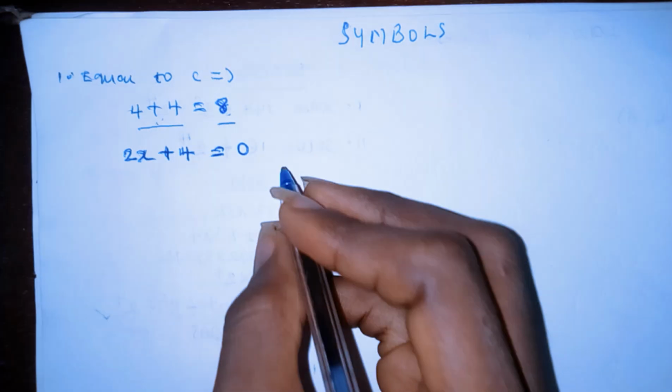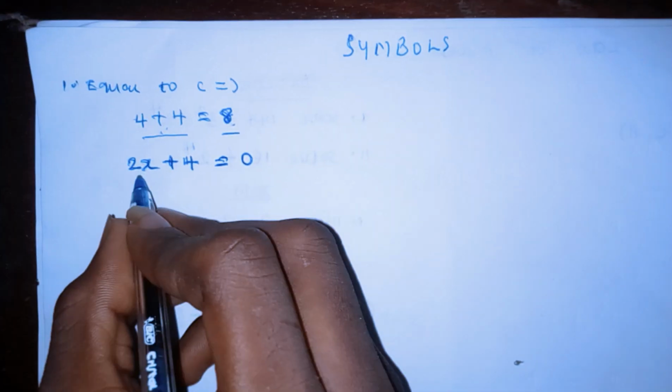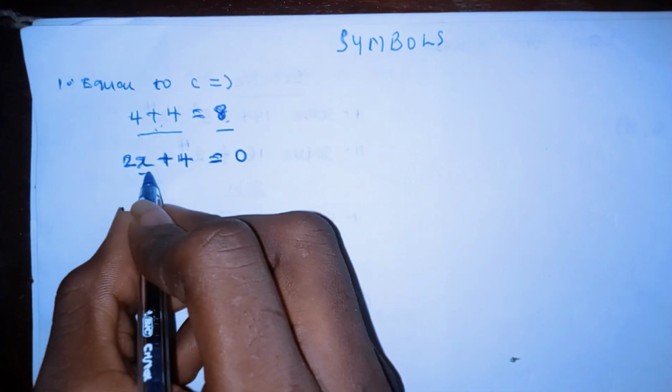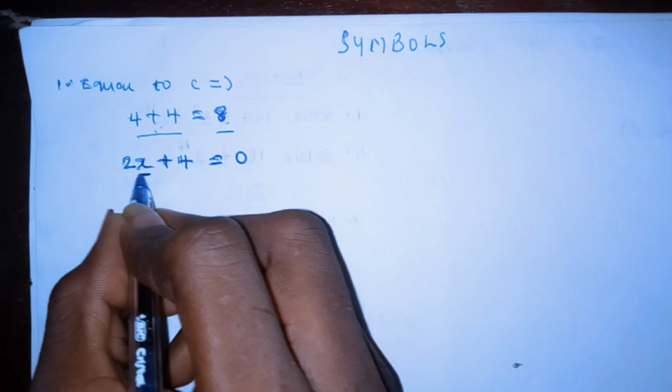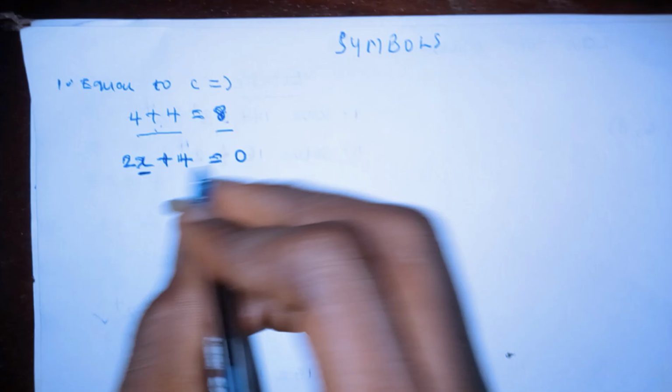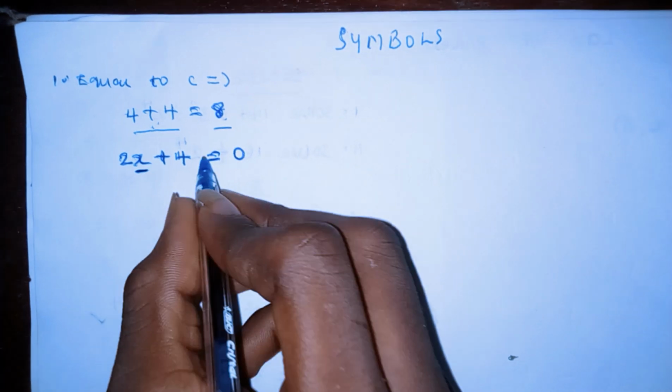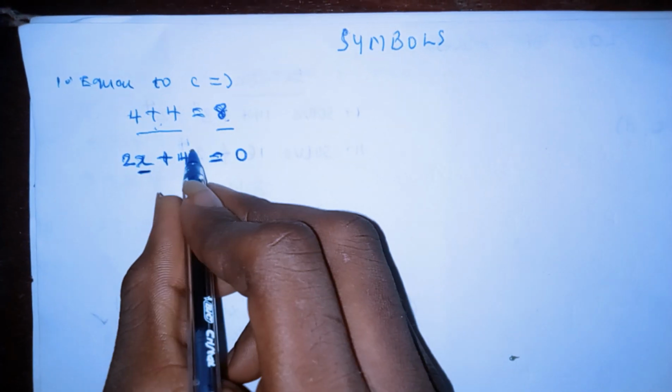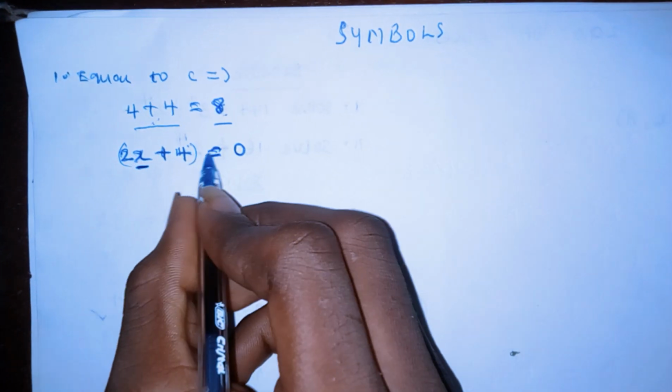They are trying to make you find x, and in that case they want you to know that this as a whole is equal to 0.